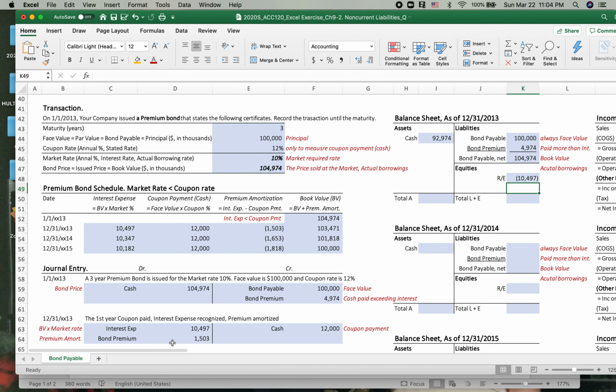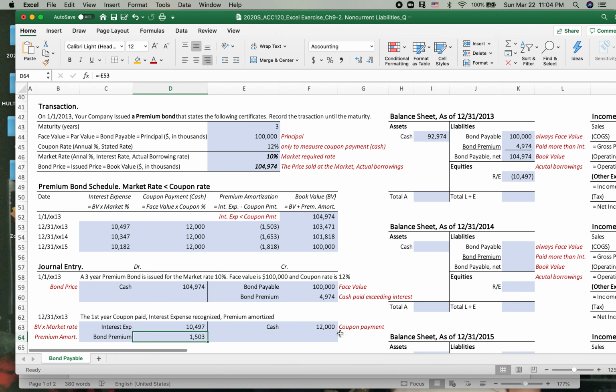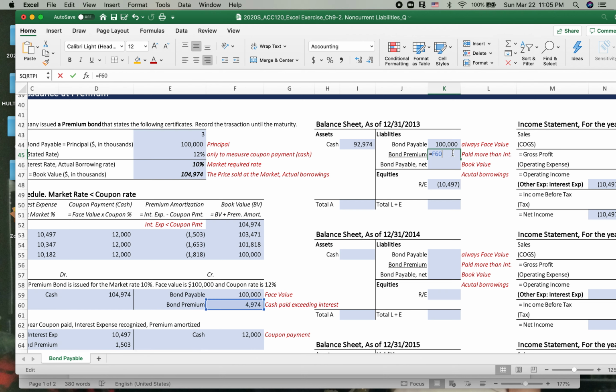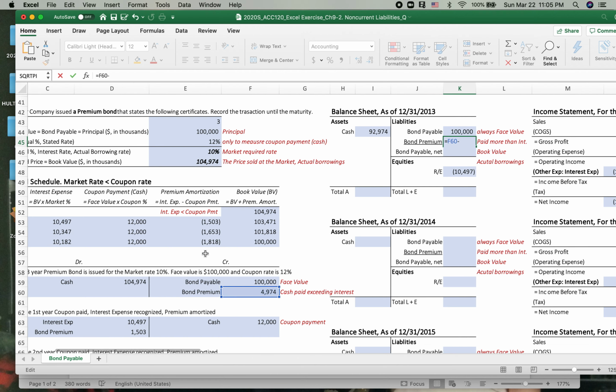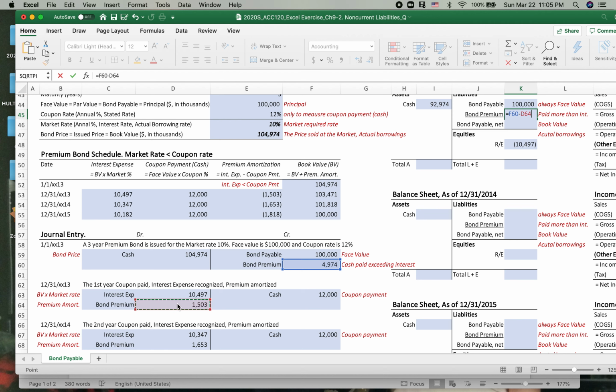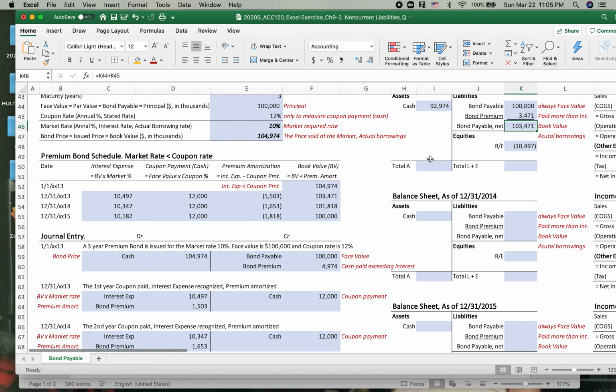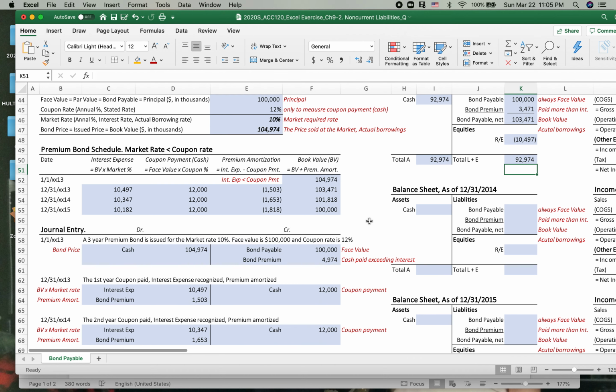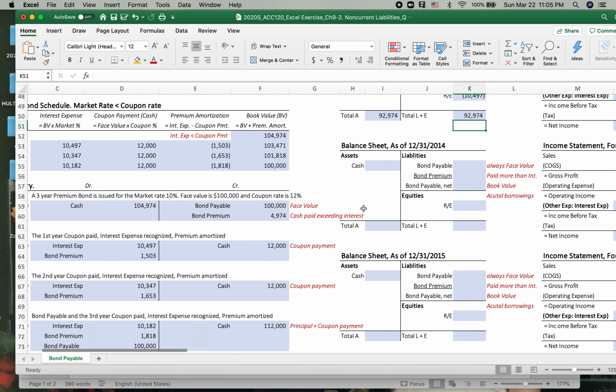Okay, and the bond premium we should reduce by amortization. So this bond premium should reduce by 15,003. So let's check if the balance out between the total asset and total liability and equity. Okay, we got it. First year transaction done and creating financial statement.